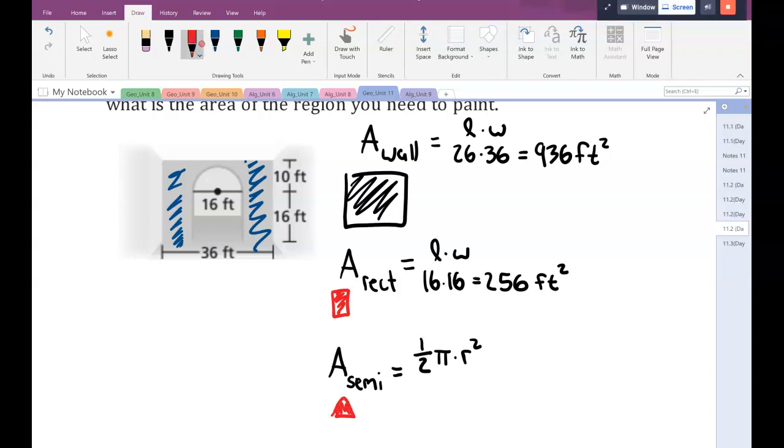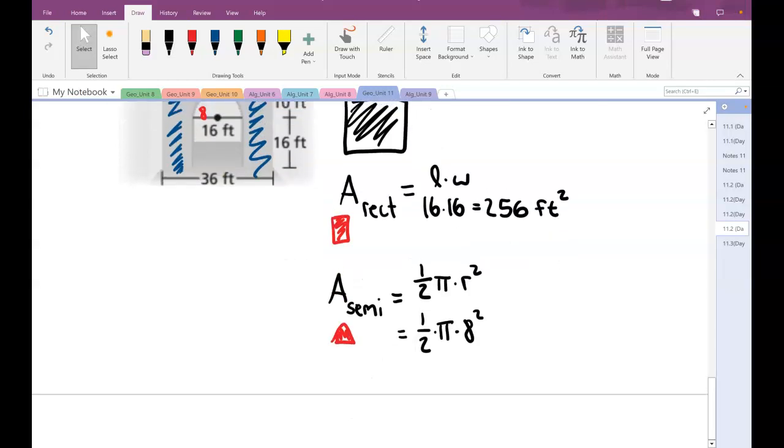So this will be 1/2 times pi times our radius squared. If this is the center of your semicircle and your diameter is 16 feet, that means your radius would be 8 feet. So this would be 8 squared, 64 pi. We divide 64 by 2 and get 32. So the area of our semicircle is 32 pi feet squared.